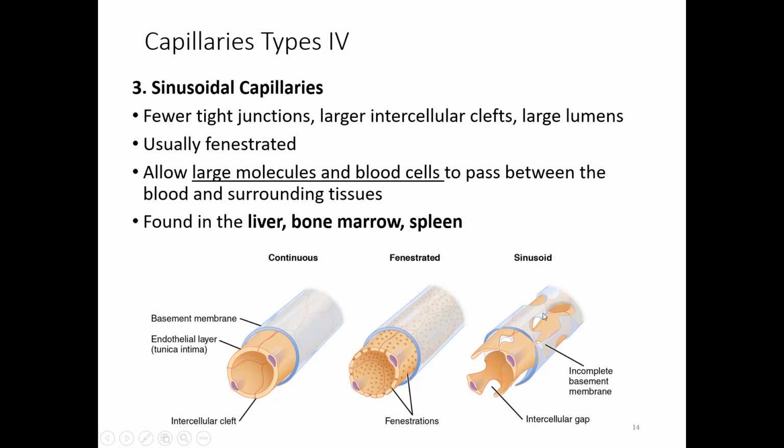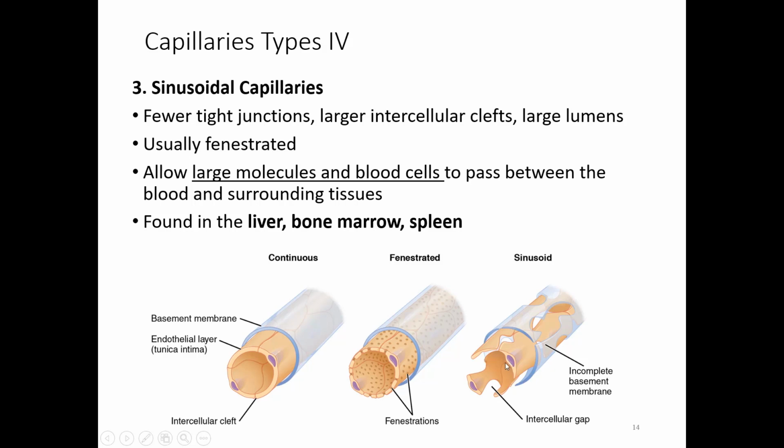Finally, sinusoidal capillaries have large, huge openings, gaps in their walls. And it happens in the places where very large molecules and even blood cells have to go into or out of the blood. Examples: bone marrow produces blood cells, red blood cells and white blood cells, and those have to go from the bone marrow into the blood through those large gaps.